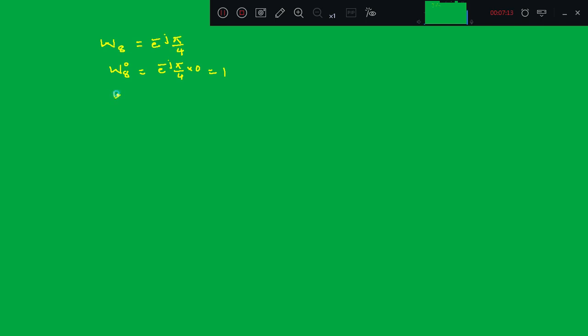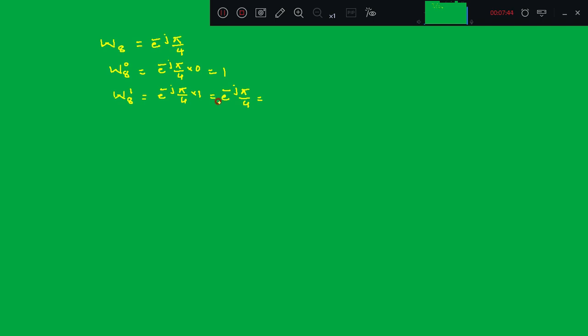Next W8 raised to 1, which is equal to e raised to minus j pi by 4 multiplied by this k value, 1, so that is equal to e raised to minus j pi by 4. And what is e raised to minus j pi by 4? Either you can use cos pi by 4 minus j sin pi by 4, or else in a calculator directly you can calculate e raised to minus j pi by 4, right?